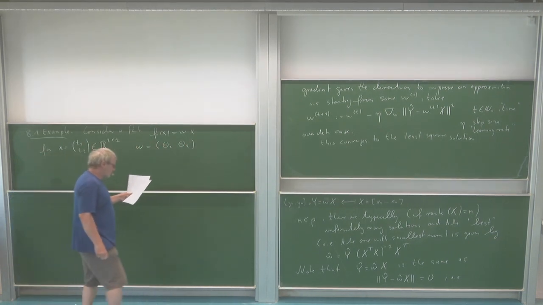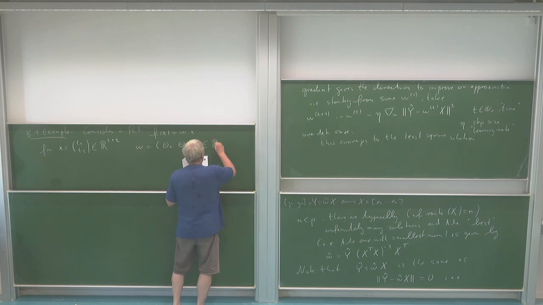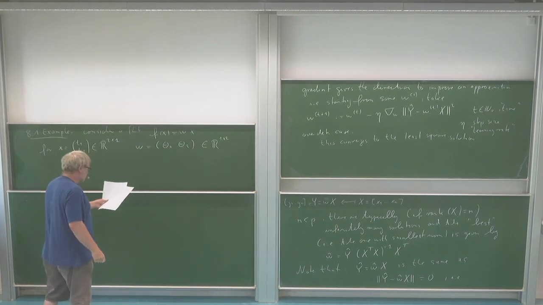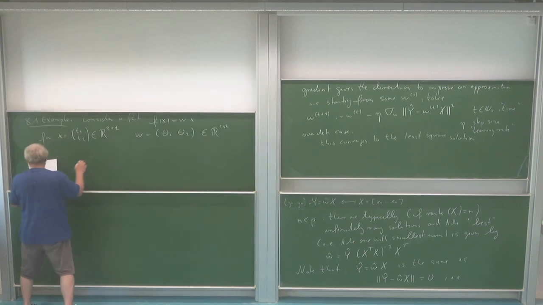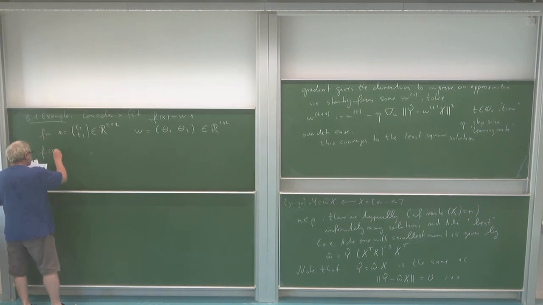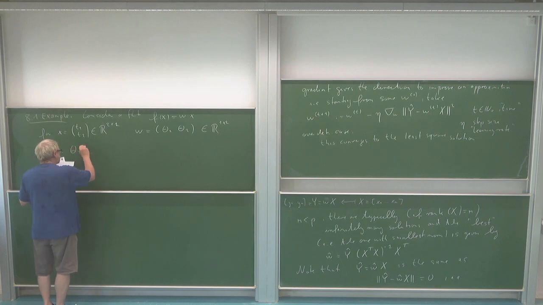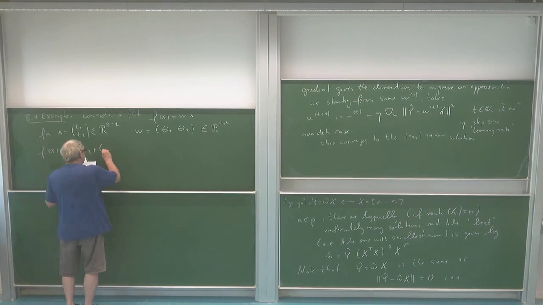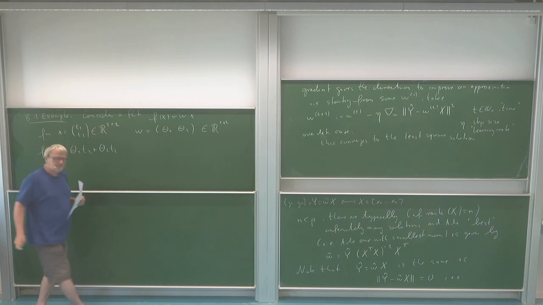So this is just a vector, but now written as a row vector in R1. Okay, and so this means, of course, that my f of x is just θ1 t1 plus θ2 t2.